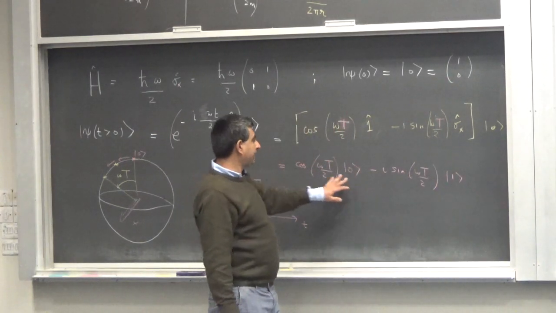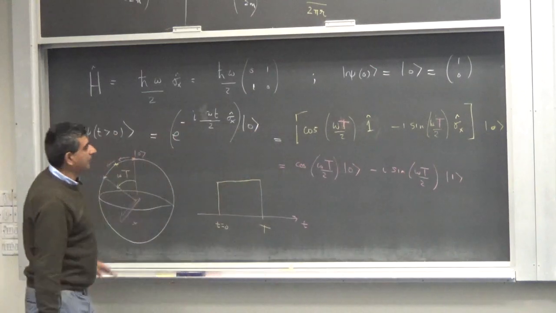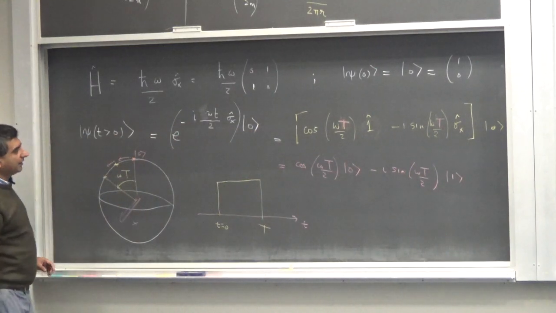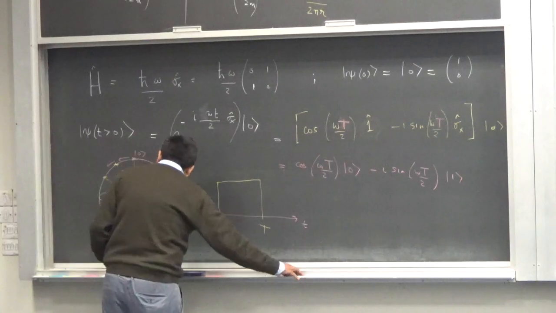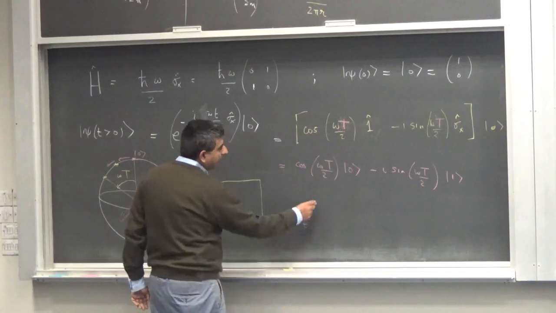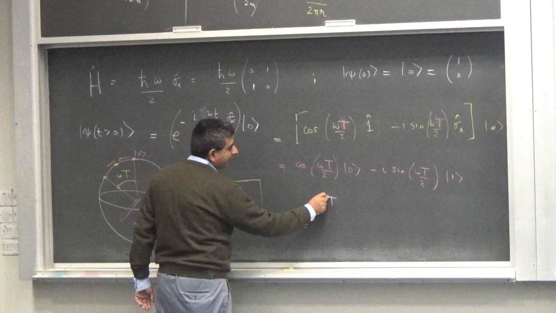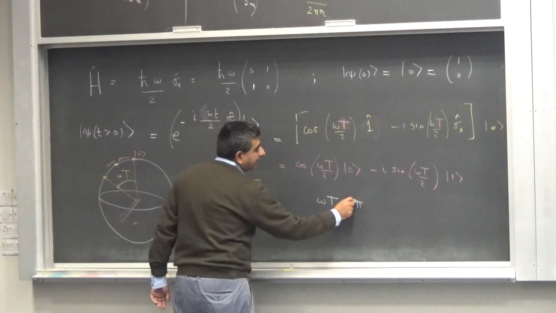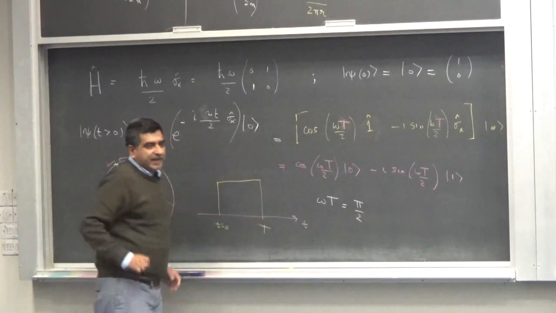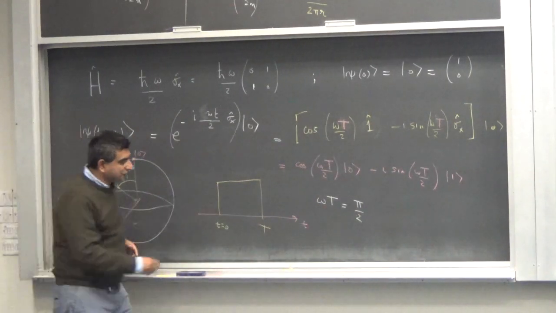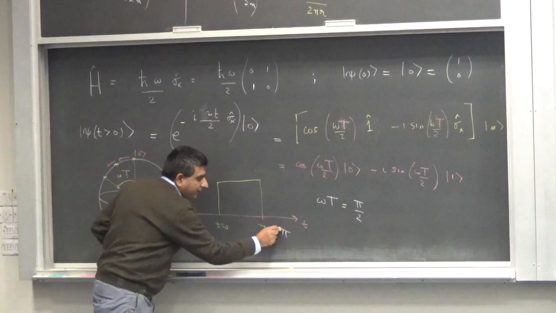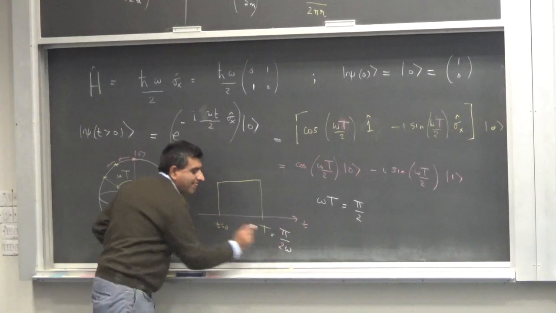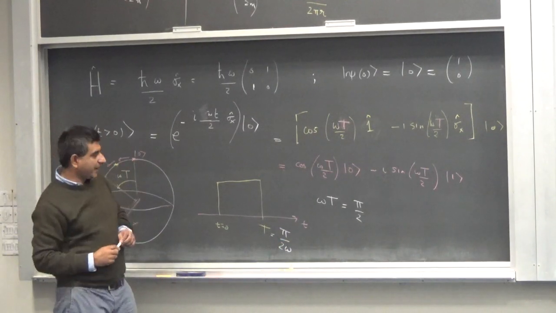So if you map this on a Bloch sphere, let's do a nice thing. If omega t is pi by 2, if your end time is such that this equals pi over 2 omega, what's going to happen?